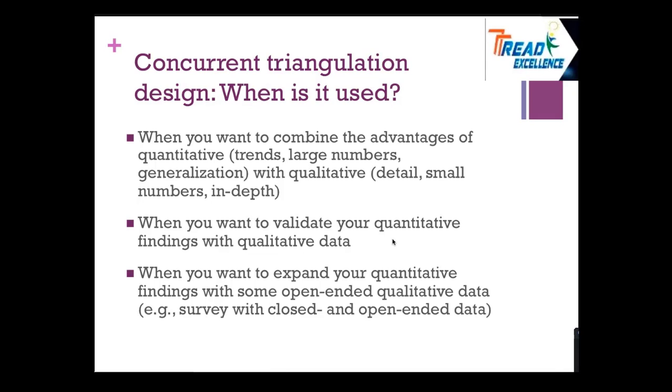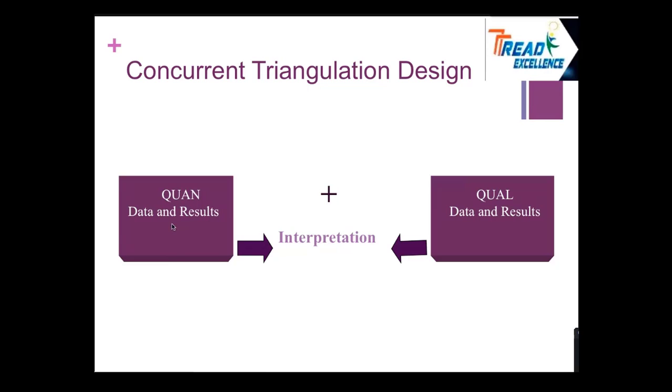It can also be used when you want to expand your quantitative findings with some open-ended qualitative data, for example, a survey with closed and open-ended questions. It's the same thing. Now you see, quant and qual, and both interpretations are getting together. It's not like you do the results in separate phases, and it's not like one is leading the other one.